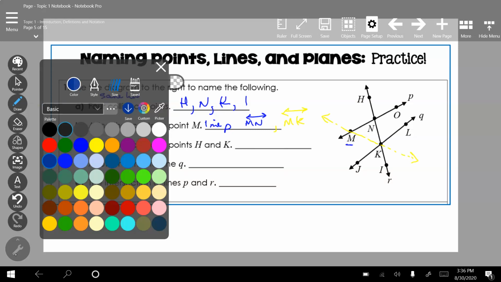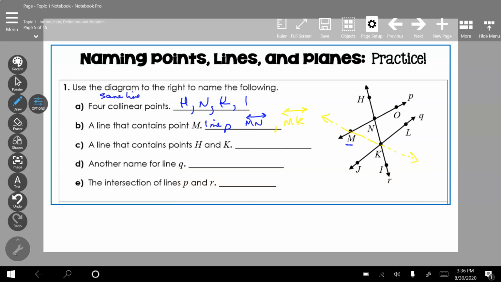Let me grab red. A line that combines H and K. Well, right here, here's point H, here's point K, and you could call it line R. You could call it NK.